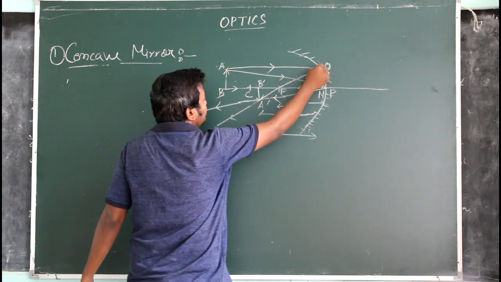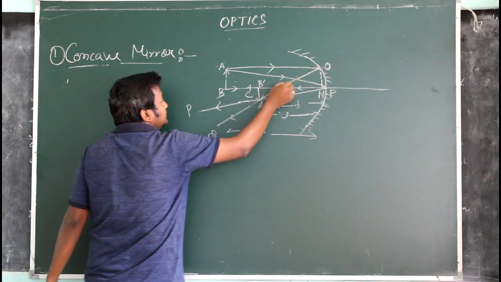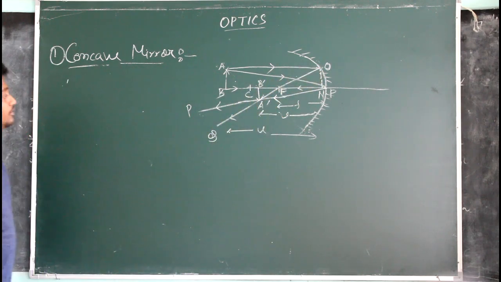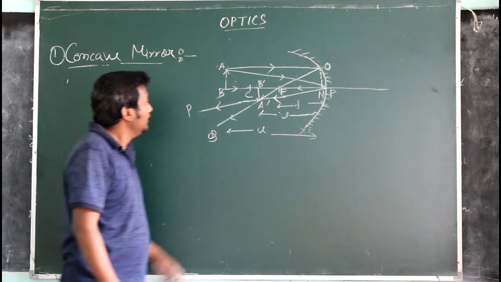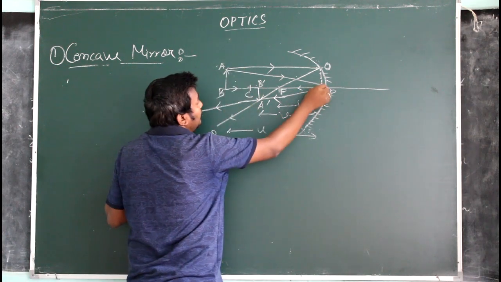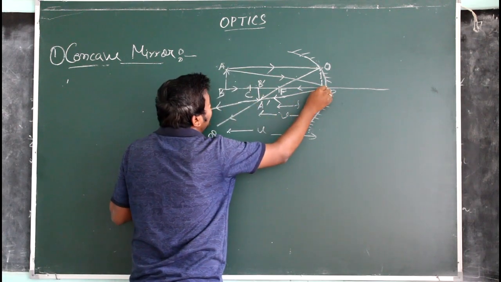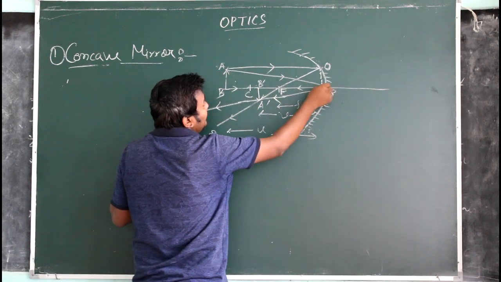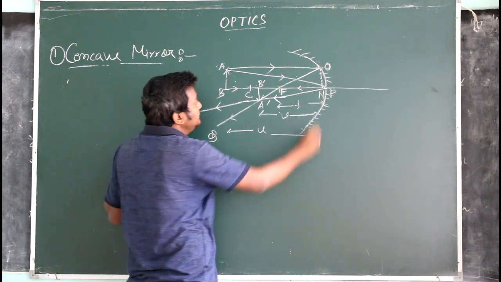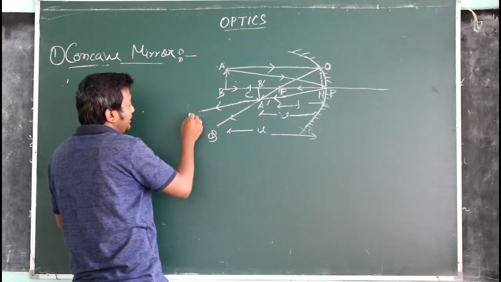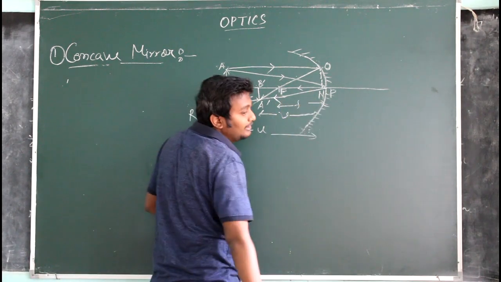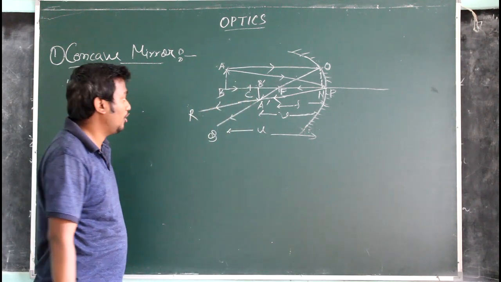So this ray will pass through the focus and be reflected along OQ. Another ray we consider is ray AP, which is incident on the pole, and after reflection it will go in this direction by obeying the laws of reflection.